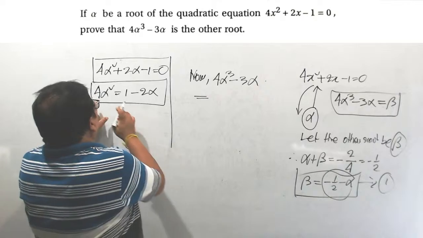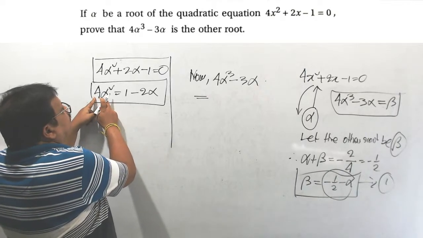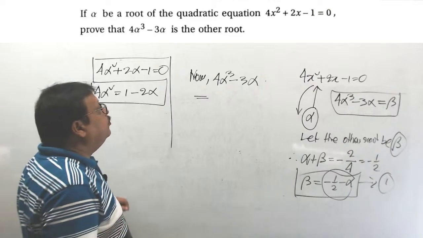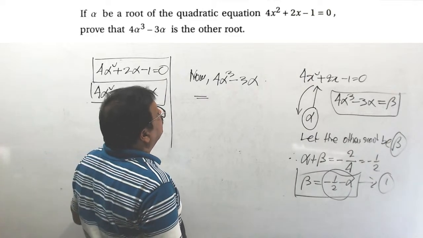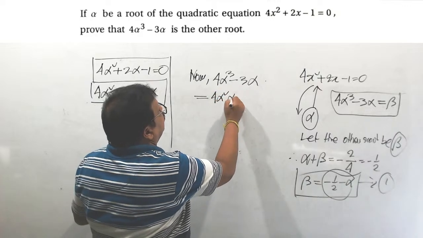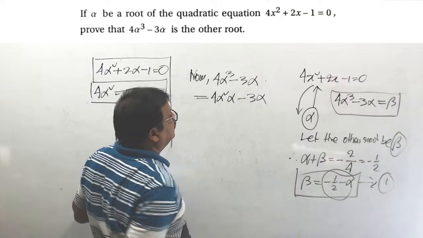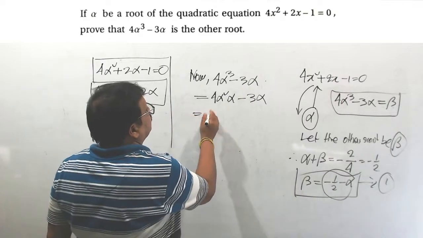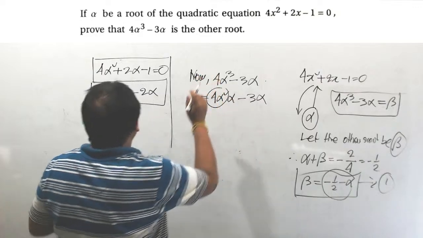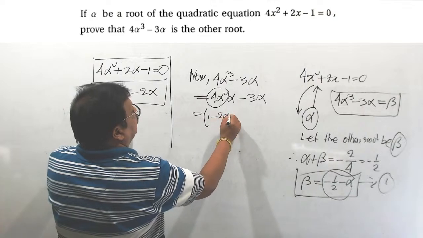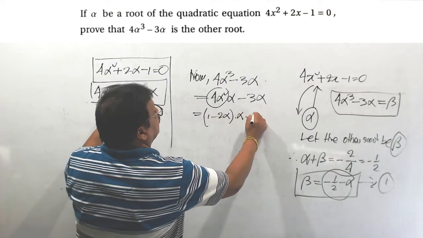See, the value of 4 alpha square we will use here. How will we use? Can you write 4 alpha cube minus 3 alpha as 4 alpha square into alpha minus 3 alpha? Understood? This equals to 4 alpha square into alpha minus 3 alpha. What is the value of 4 alpha square? 1 minus 2 alpha. 1 minus 2 alpha into alpha minus 3 alpha.